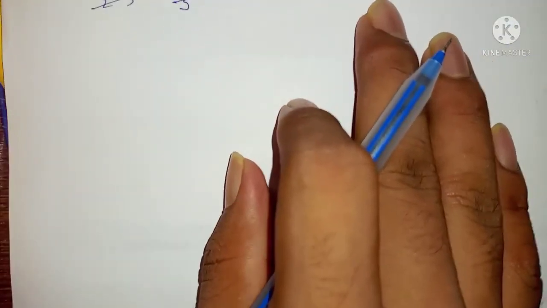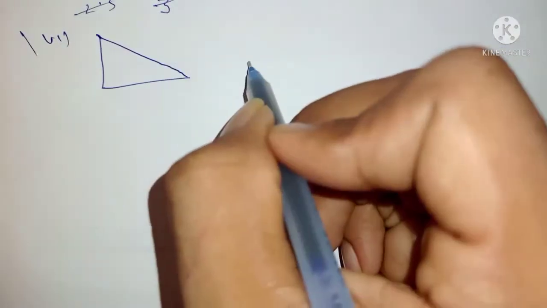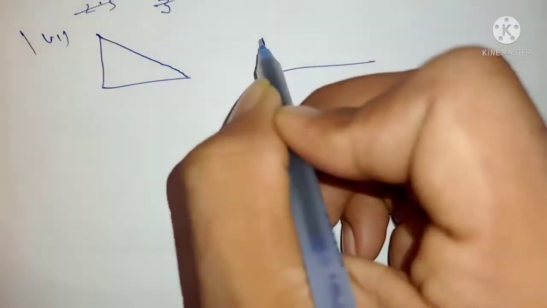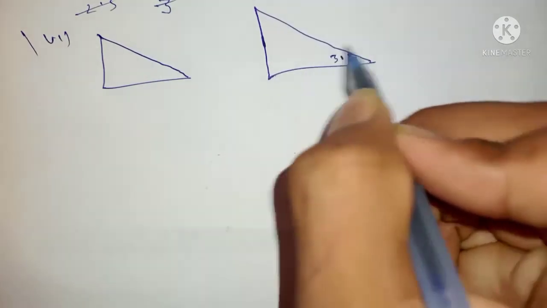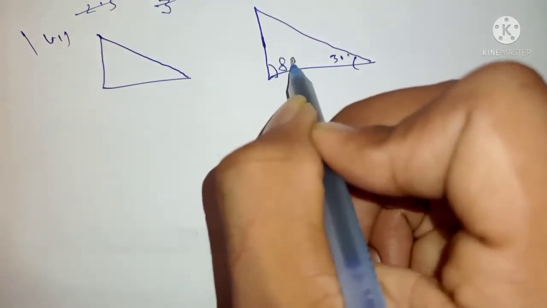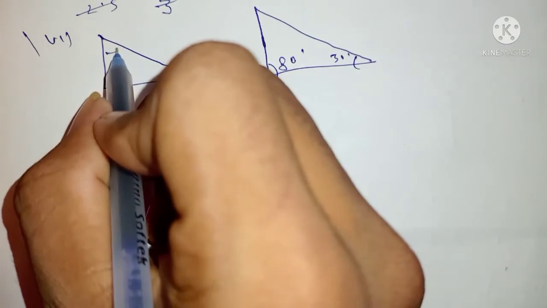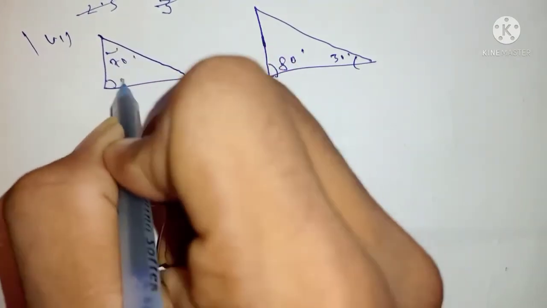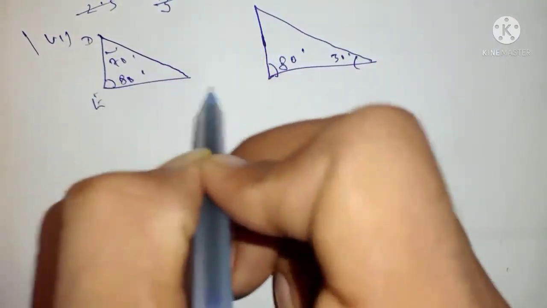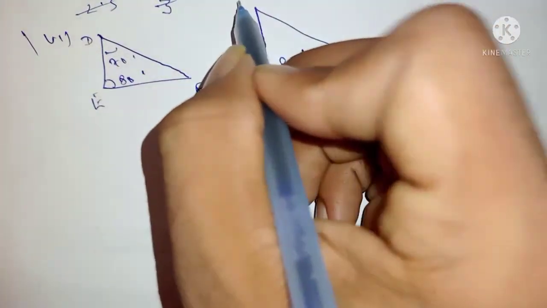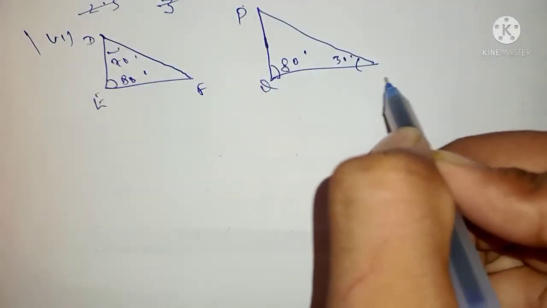And when we go with the last, our sixth part, here first triangle, then second triangle, 30, 80, 70, 80, DEF, PQR.